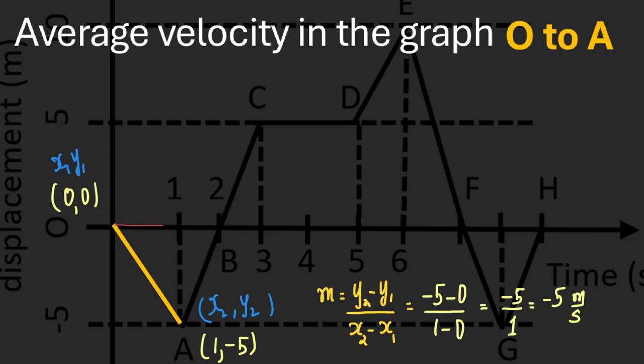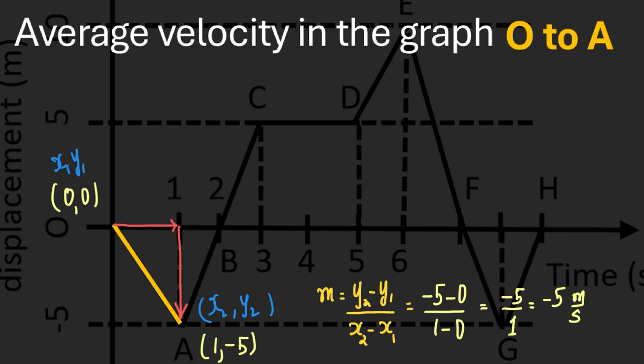The slope would be like this, coming down like this, right? So average velocity is y2 minus y1 by x2 minus x1, which is minus 5 minus 0 by 1 minus 0, which gives us minus 5 meter per second, the average velocity. Okay, not speed, average velocity. Therefore, the sign negative. Hope this makes sense.